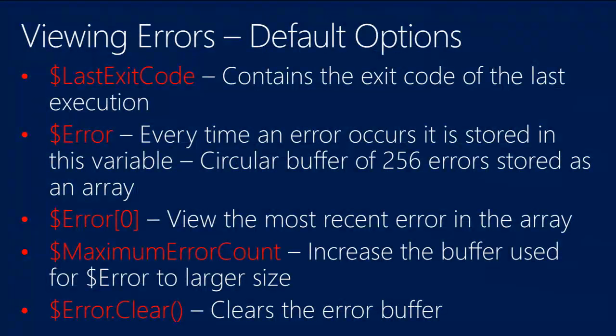If you really want to see how bad you've screwed up for the last 2 weeks and you're using the same PowerShell session, you can increase your error count to a larger size, so it's not just the last 256 errors. There's a good reason to do this, too. You could also, like, say you're going to do something 10,000 times, you could increase that maximum error count to whatever the max is, which I've never tried to figure out.